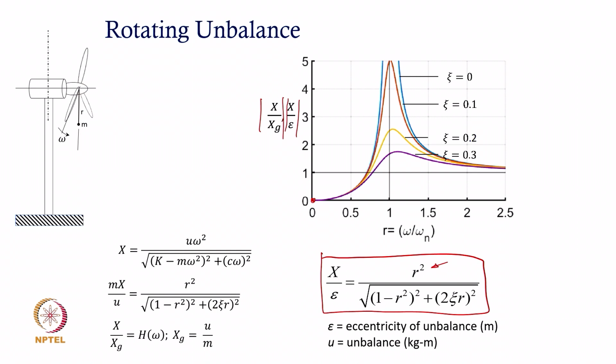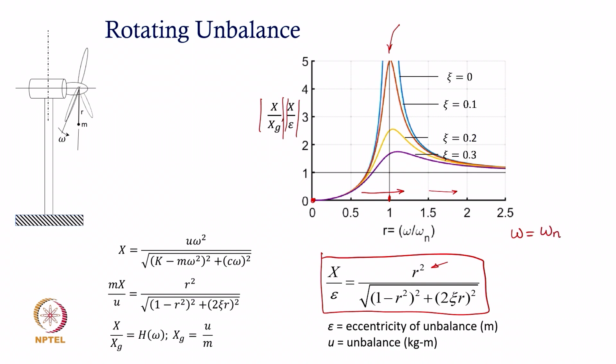So, capital X is 0, and then as the speed of rotation increases, again it passes through the resonance, and then the value of x over epsilon changes with the speed. Just like what we expected, there will be large resonant vibrations at the frequency of rotation omega equal to undamped natural frequency.